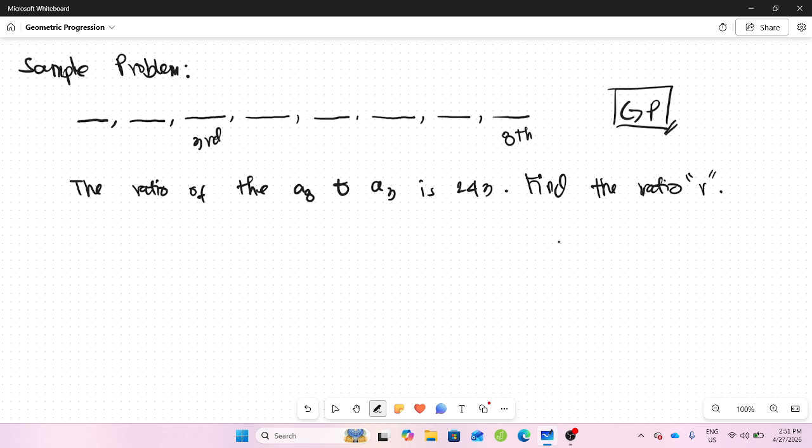Now, the problem states that the ratio of the eighth and third term is 243. So we could say that the eighth term divided by the third term is equal to 243. What is asked here is the value of the ratio, or r.